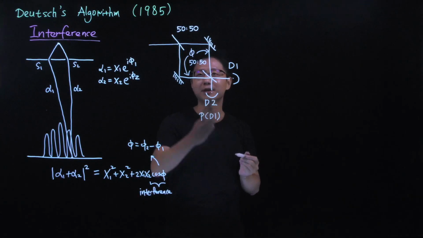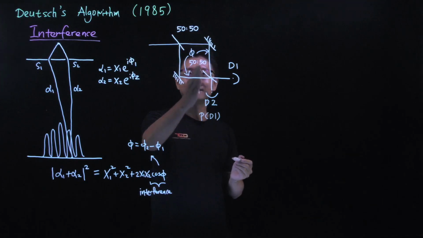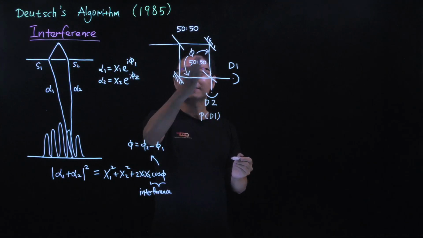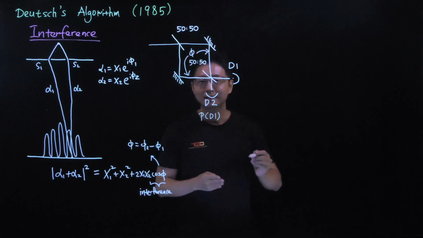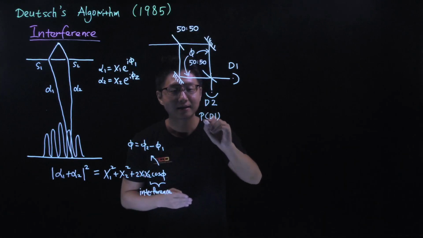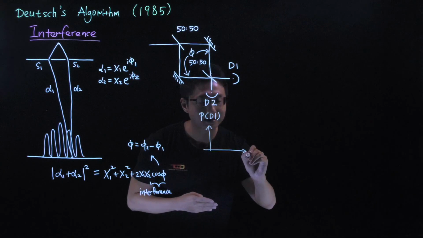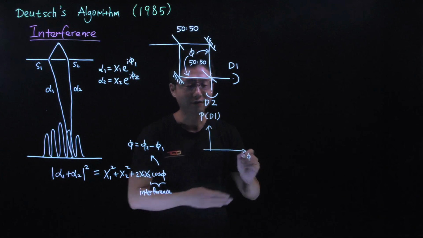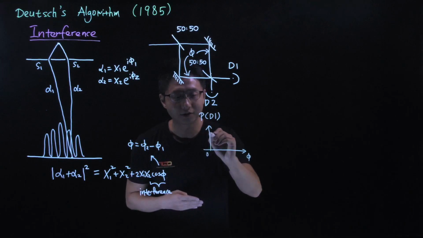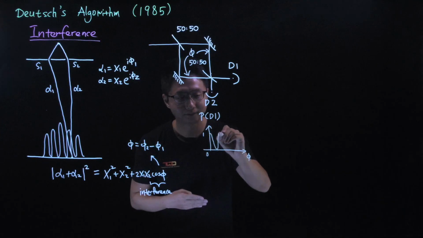One of the paths could be slightly longer, or certain optical elements could be added into one of the paths, so there is a phase difference between these two paths. Due to this phase difference, the probability again shows an oscillatory pattern. Depending on the phase phi, this probability could go between 0 and 1.